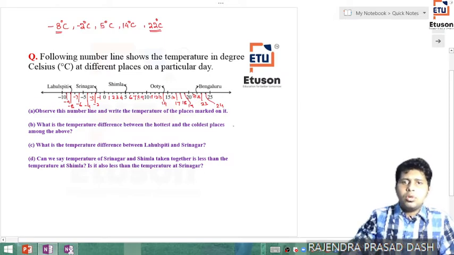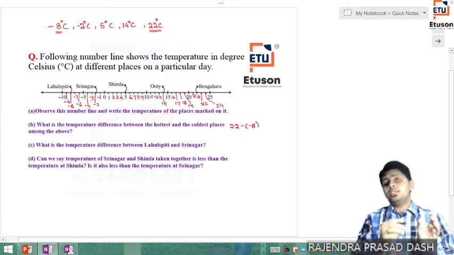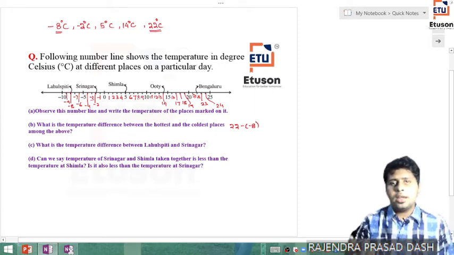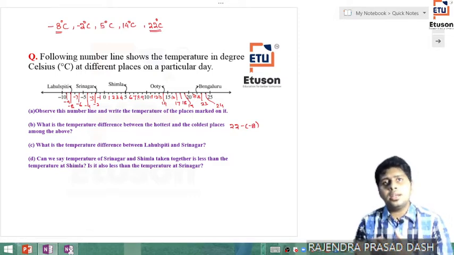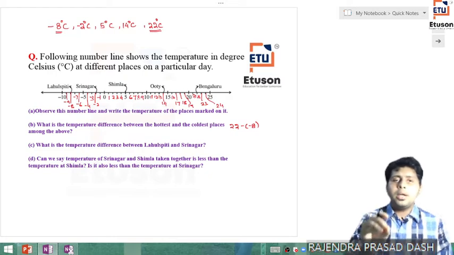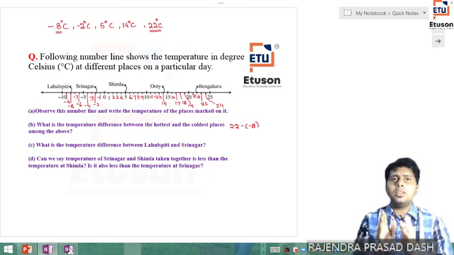So I will just subtract the lower one from the larger one, meaning I will subtract minus 8 from 22. Again, in the last class we discussed that to subtract a number from another number, we have to add the additive inverse of that number to the other number. Meaning if I am subtracting minus 8 from 22, I will add the additive inverse of minus 8 to 22.